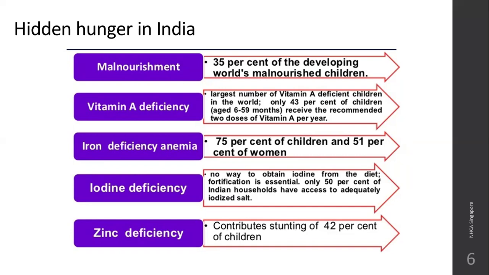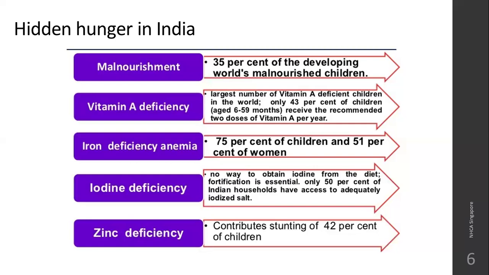Pick any state or union territory, and if it has a hilly region, mountain ranges or hill ranges, the population living there definitely comes under the goiter belt. There is no way to obtain iodine from the diet. The only way is fortification. Only by using iodine fortified salt can you get the correct dosage of iodine. And only 50% of Indian households have access to adequately iodized salt.